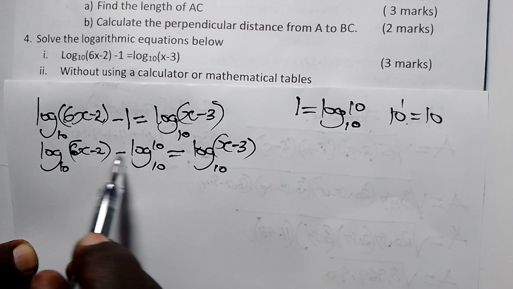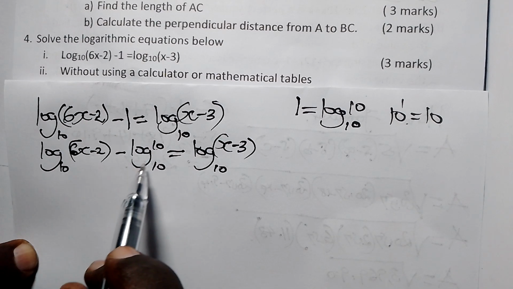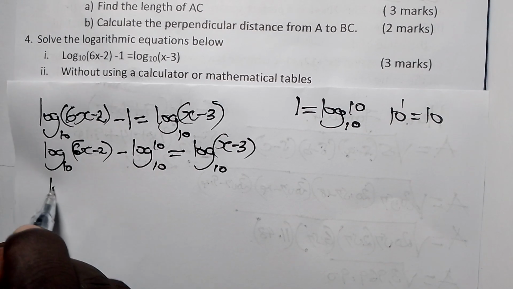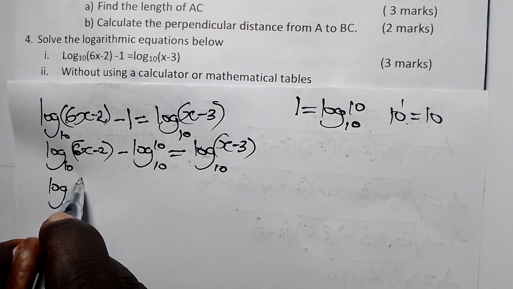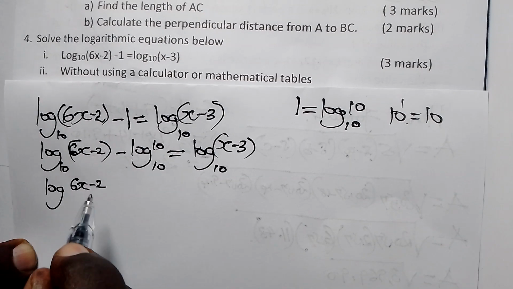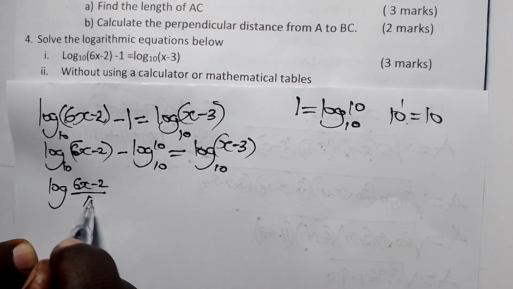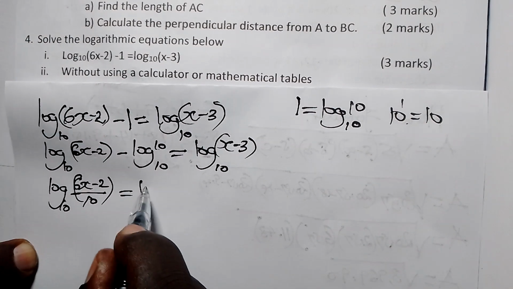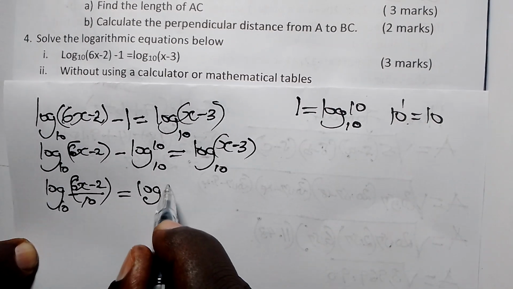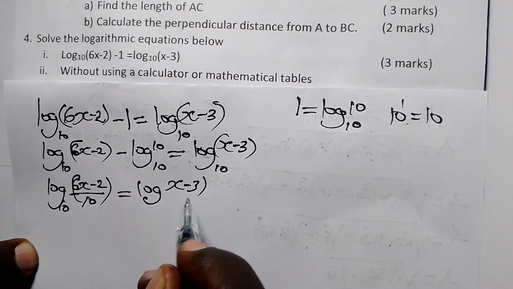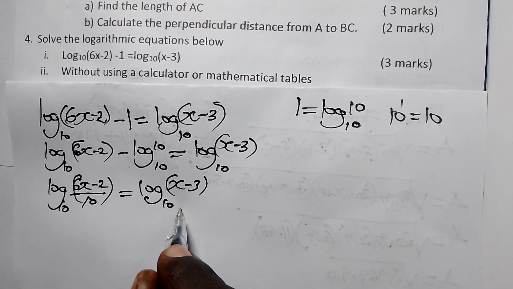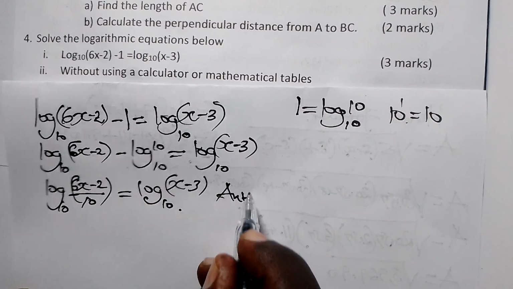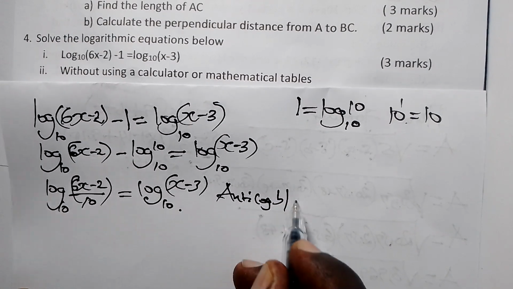Therefore, when we rewrite this in the other notation, it will be written as the log of 6x minus 2 over 10 base 10 to be equal to the log of x minus 3 base 10. And at this particular point, you can take the antilog on both sides.